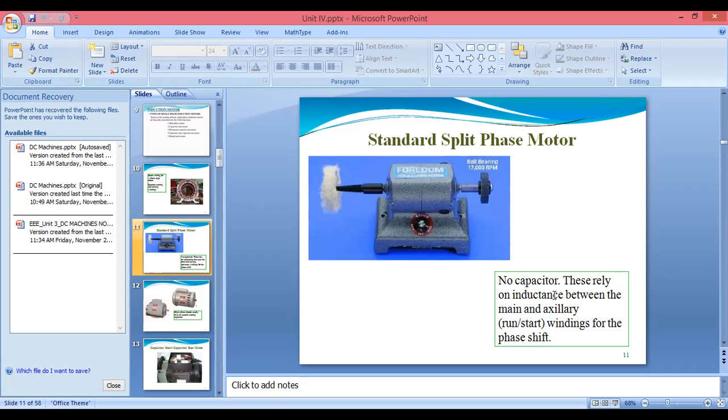So we can say that this type of induction motor depends only on the inductance between the main winding and the auxiliary winding. Auxiliary means which is running. Main means armature, and auxiliary means the field winding. It will depend on the inductance between armature and the field winding for whatever single phase or three phase induction motor.